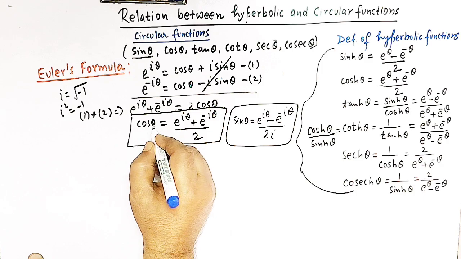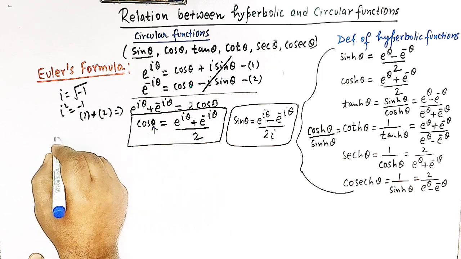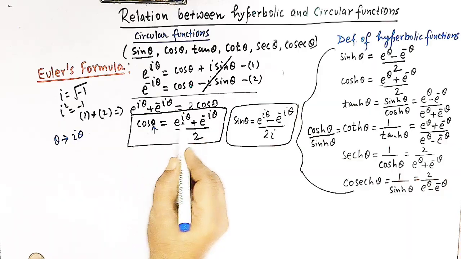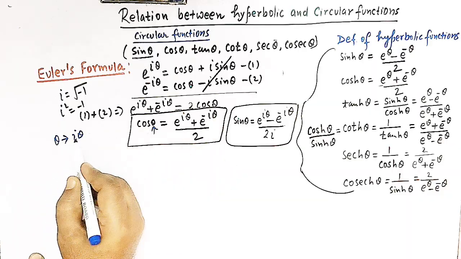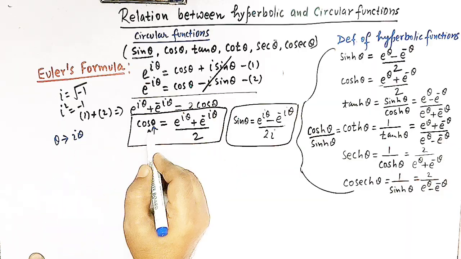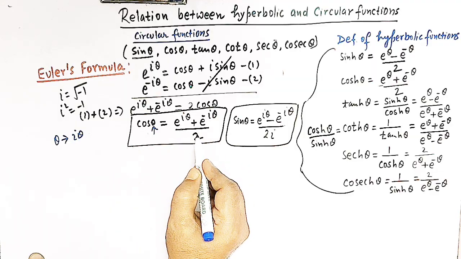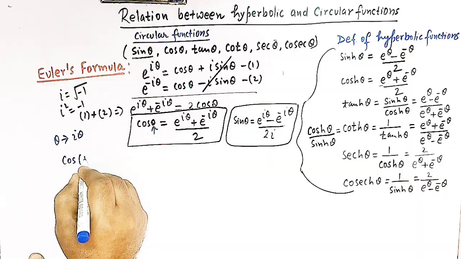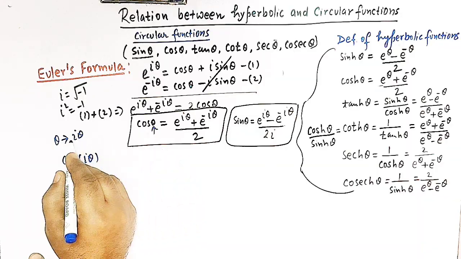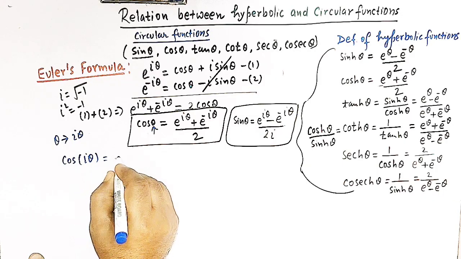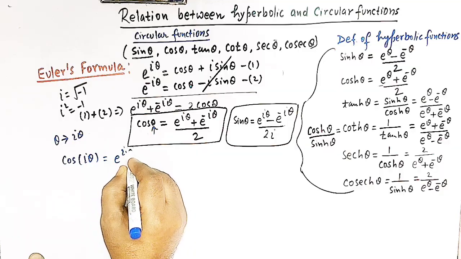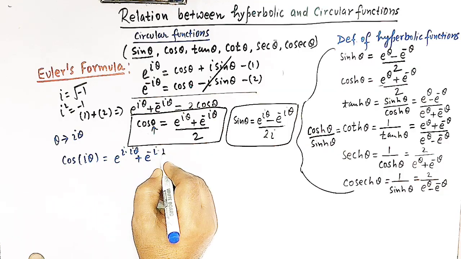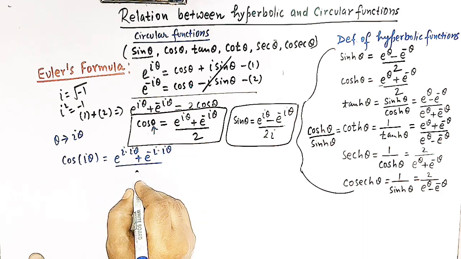So now let us replace this theta with i theta, that is the product of iota and theta, so that this expression can be transformed as cosine i theta. Replacing theta by i theta, we have e raised to i times i theta, then e raised to minus i times i theta over 2.